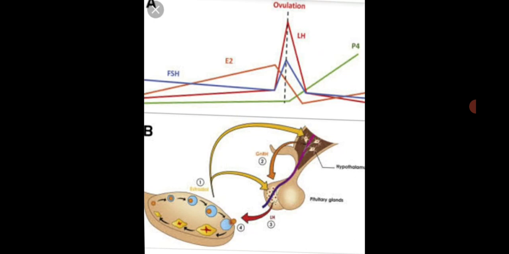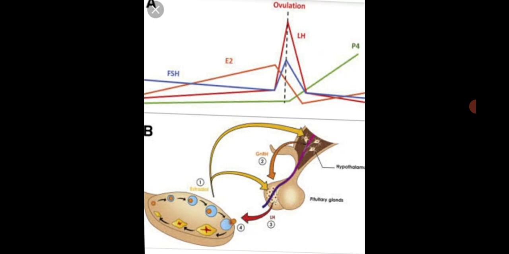When the developing follicles release estrogen, the level of estrogen increases. This increase in estrogen level sends positive feedback to the hypothalamus, and the hypothalamus releases luteinizing hormone releasing hormone, which is a protein factor.